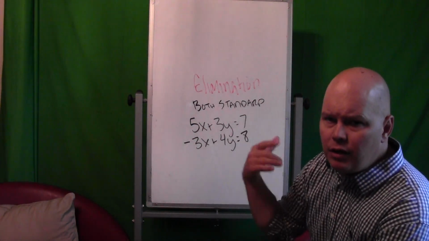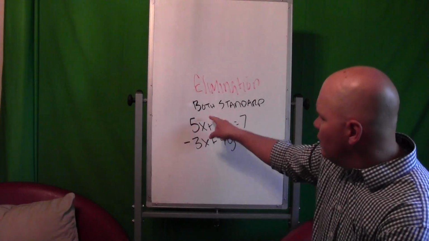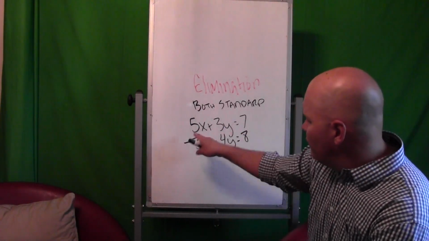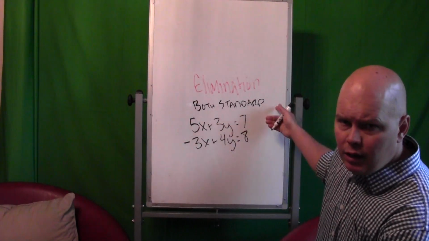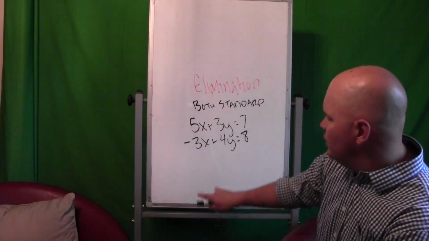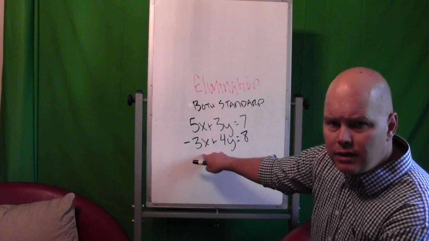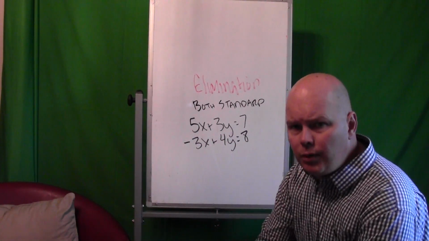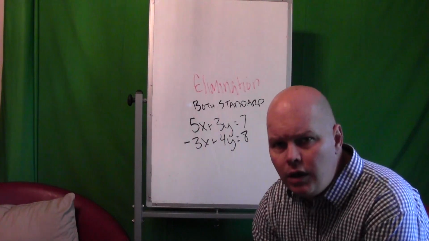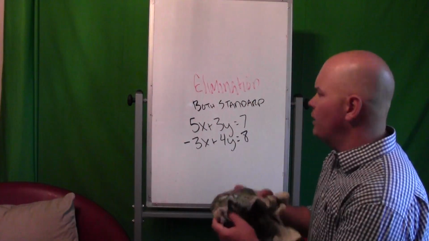That's the key if you're going to use the elimination method. So 5x plus 3y equals 7. X and y are on the same side. They equal something. That's a standard form equation. Again, both x and y are on the same side. They equal something. That's a good way to see your standard form equations. If they're both in standard form, the way you're going to want to solve that is with elimination.